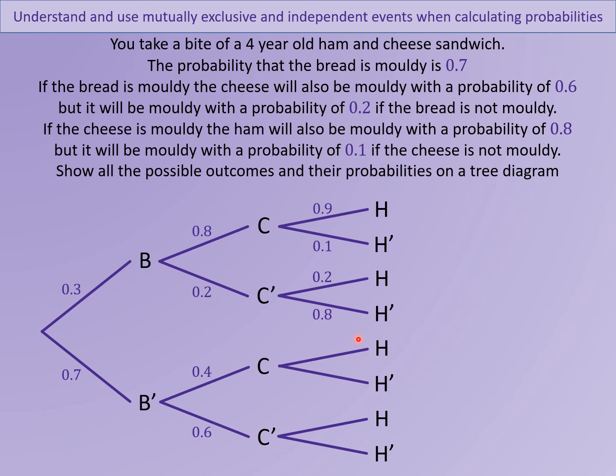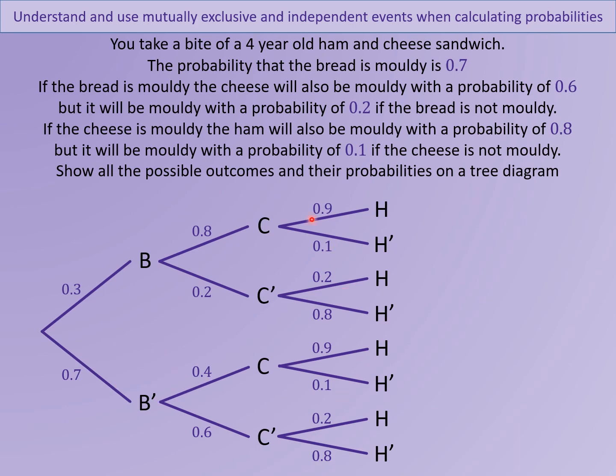So just getting your head around which ones it is. These two are going to be the same, of course, because they're only affected by cheese. So you just need to be really careful when it comes to actually filling in your tree diagram. And of course, you might have had the ham first and things like that. It depends. In this situation though, because the cheese depended on the bread and the ham depended on the cheese, it made more sense to write it in this way.